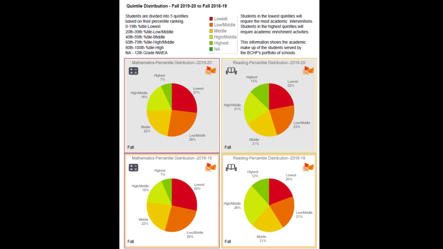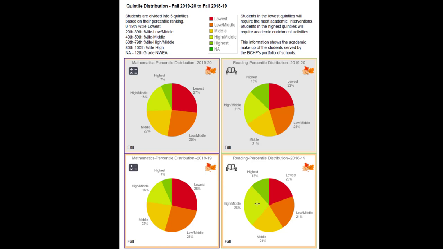Now, with this particular group, we're not seeing much of a distribution change. And in some cases, they're the same. We're looking at math on the left. The top left would represent the current year, and then the one below would be math from the previous year. When you look at the winter version of this test, of course, like before, it will stay within the current year.